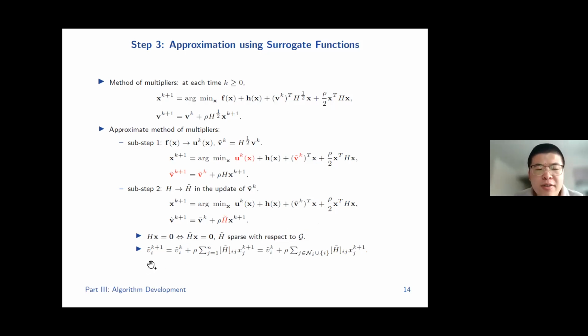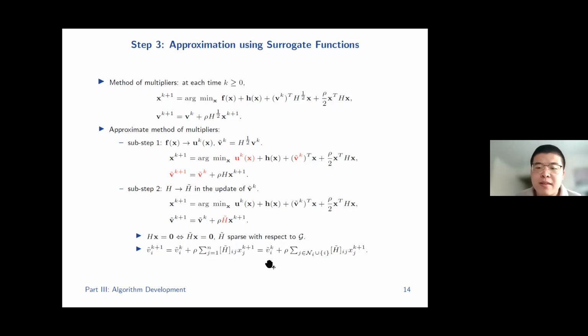Then note that the update of tilde v^k can be rewritten as this one. For each i, it will have this update. Since we require that the matrix tilde H have a sparse structure, if i does not equal j and i, j are not neighbors, then the ij block of tilde H will be 0, so that this one is equivalent to this one.